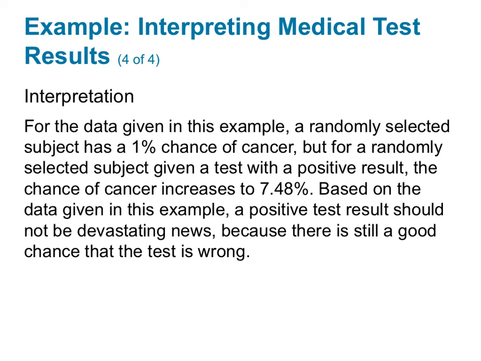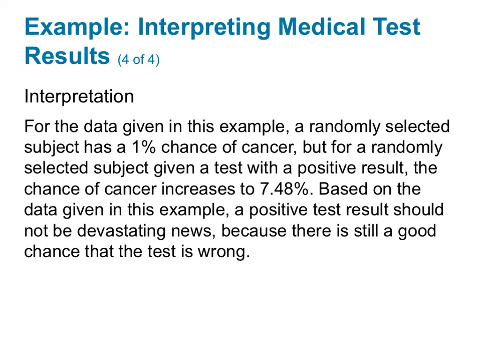We can now interpret our results. For the data given in this example, a randomly selected subject has a 1% chance of cancer. But for a randomly selected subject given a test with a positive result, the chance of cancer increases to 7.48%. So based on the data given in this example, a positive test result should not be devastating news because there's still a good chance that the test is wrong.